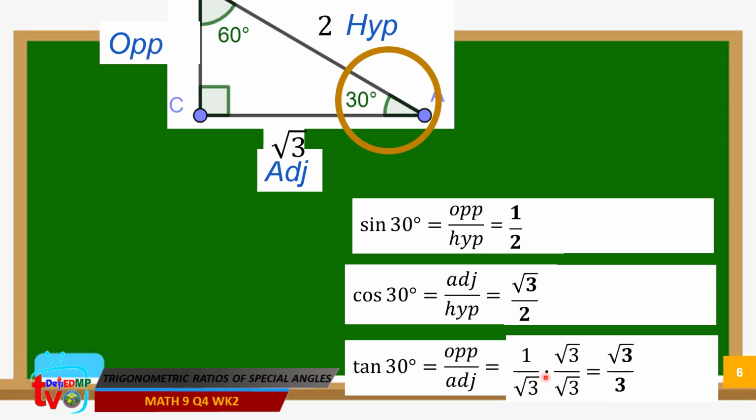So we now have 1 times square root of 3 is square root of 3. And for the denominator, square root of 3 times square root of 3 is square root of 9, which is further simplified as 3. And so, tangent 30 degrees is square root of 3 over 3. We now have solved for the primary trigonometric ratios of a 30-degree angle.